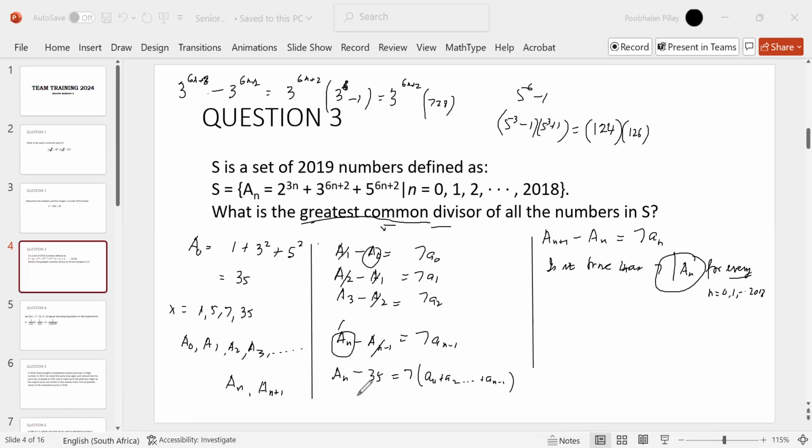Now you can see A n, if you bring 35 to that side, you got a multiple of 7, and you got a multiple of 7 here also. So if you got two multiples of 7, the A n is also a multiple of 7. So in other words, 7 is a common factor. Now the question is, is it the highest common factor?